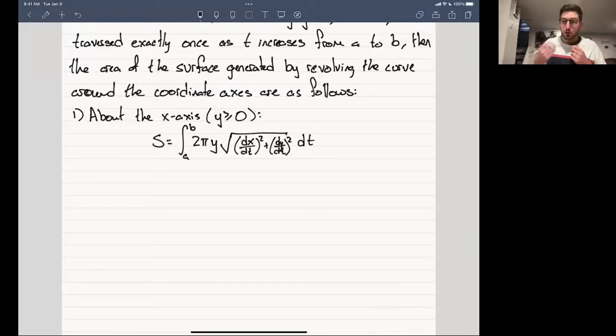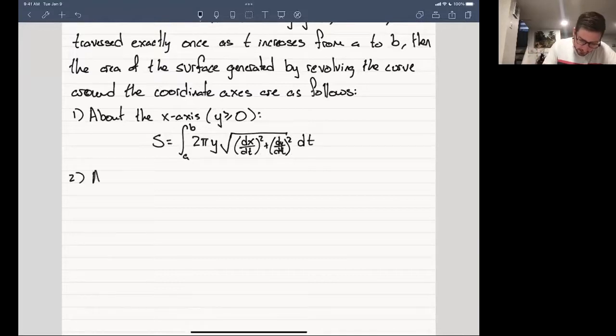But the 2 pi, that should be familiar where this thing is coming from. This is the circumference computation. The y, again, is the radius. And then the square root term, that's your ds term, your arc length differential, right? So again, you might want to compare that to what we did in the previous video with arc length, and then cross-reference that with the first video that we did on these areas of surfaces of revolution.